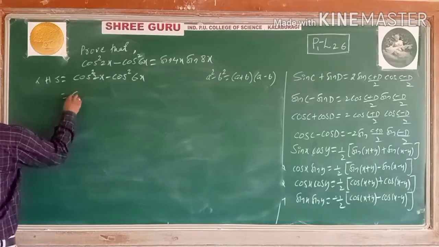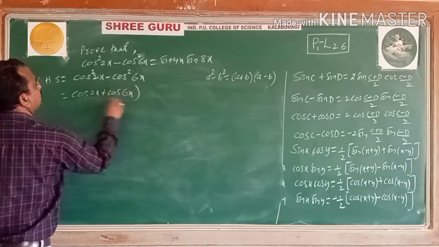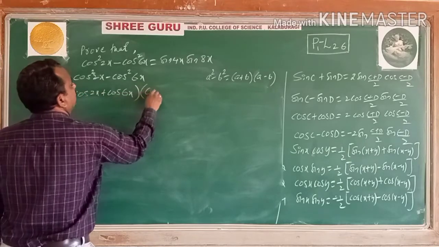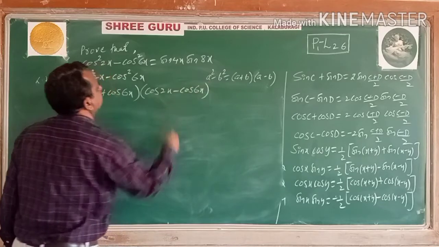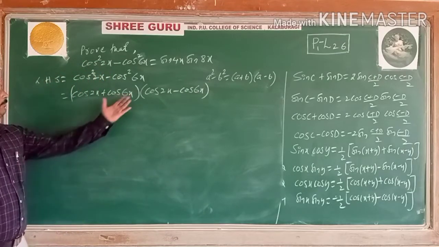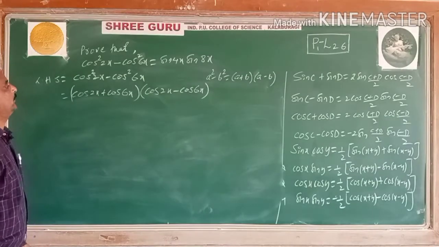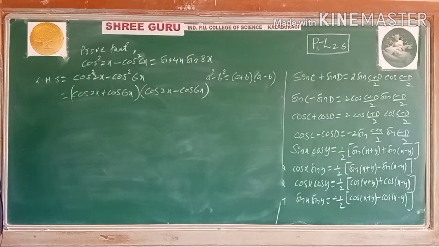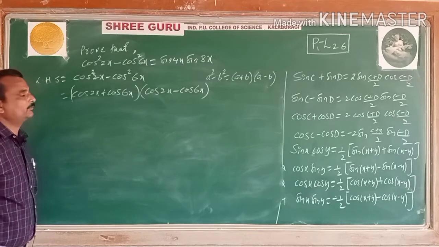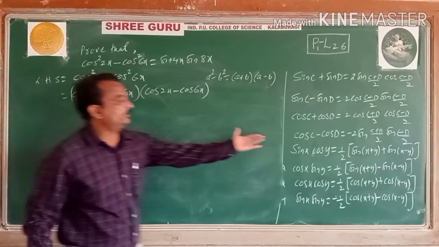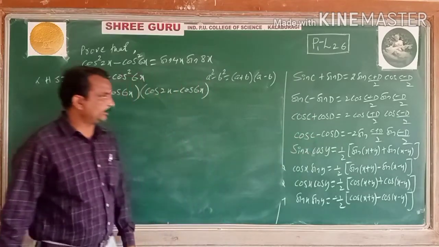Let us expand this one: cos 2x plus cos 6x, cos 2x minus cos 6x, a plus b, a minus b. So cos 2x plus cos 6x into cos 2x minus cos 6x, cos c plus cos d, cos c minus cos d. Apply the formula respectively.